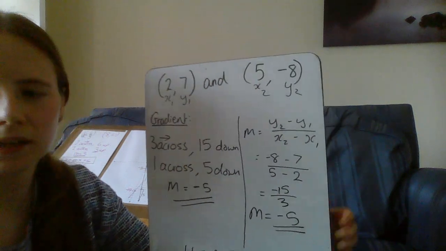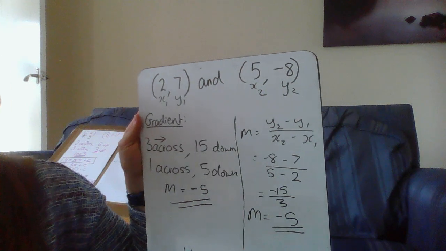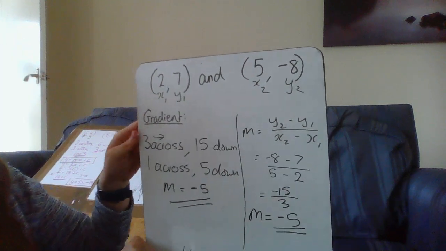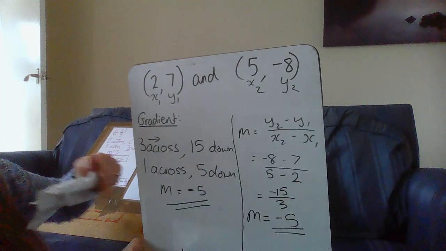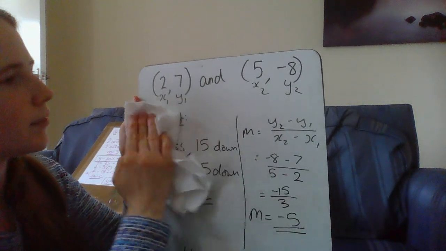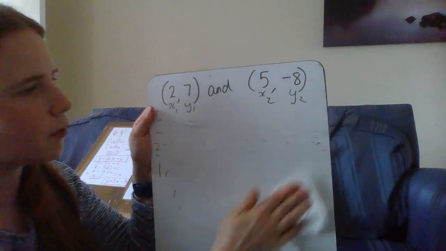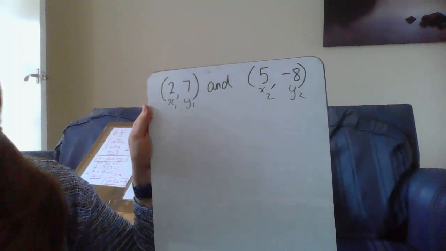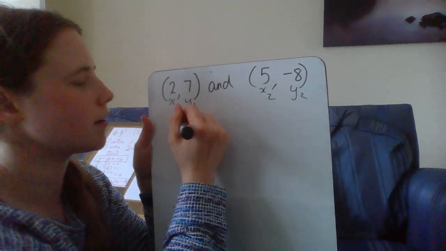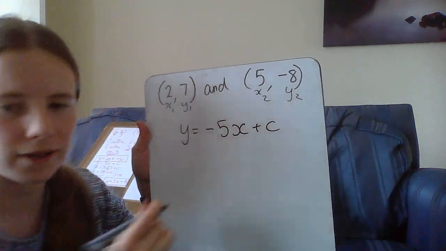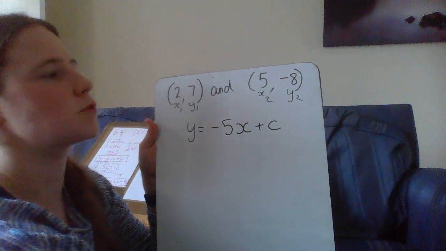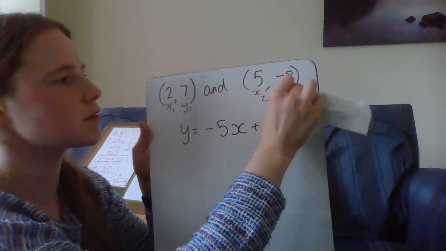Okay, so on to the next step. We know already that our gradient is -5. So I'm just going to take away the working out because we know that already. So I know that my equation is y equals -5x plus c already. Okay, I'm going to substitute in one of the coordinates.